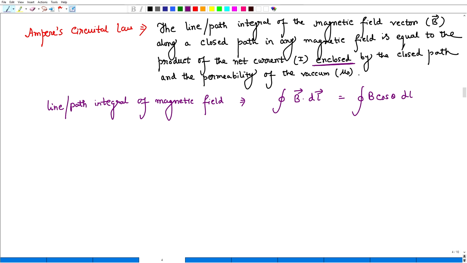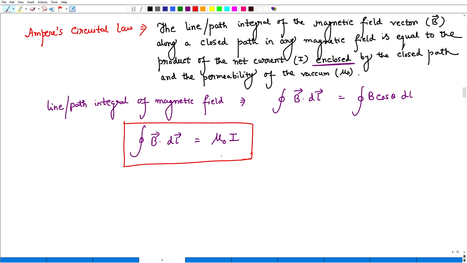Now according to Ampere circuital law, this B dl is equal to mu naught I. Okay, where mu naught is the permeability of the vacuum and I is the electric current enclosed by the loop.